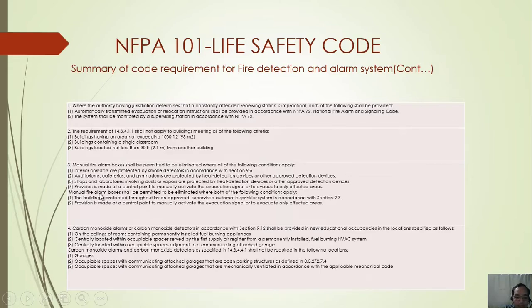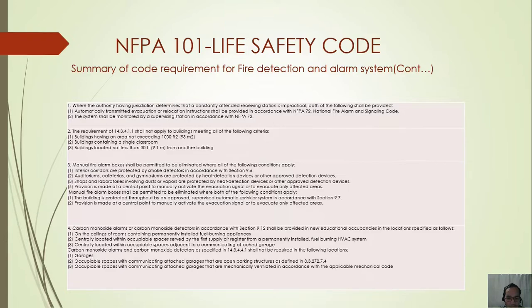Provision is made at a central point to manually activate the evacuation signal or to evacuate any affected areas. So those are the conditions that we need to have before we can eliminate the pull stations.